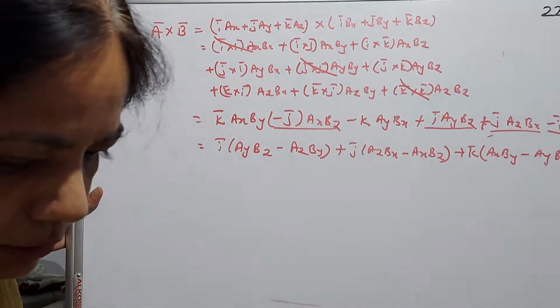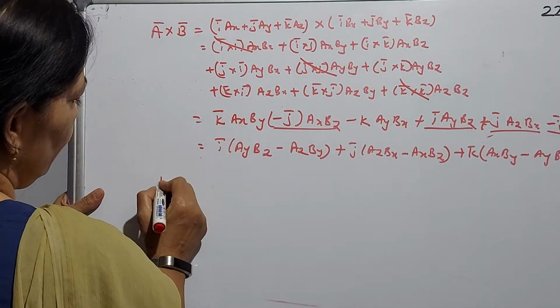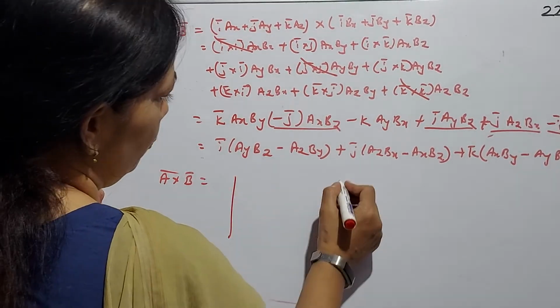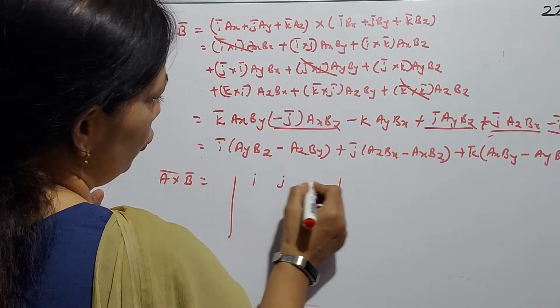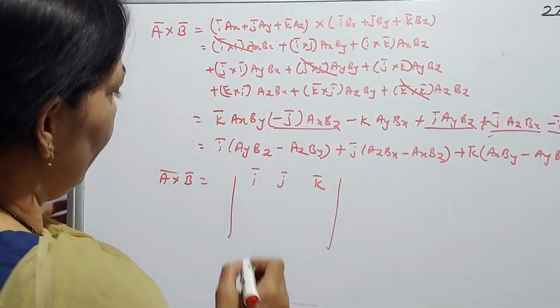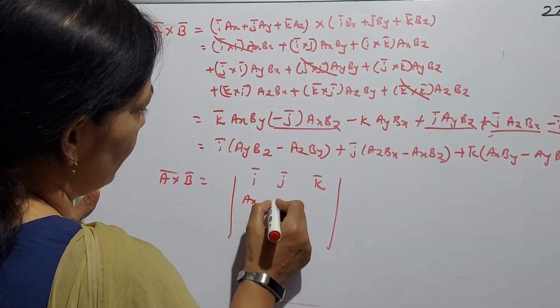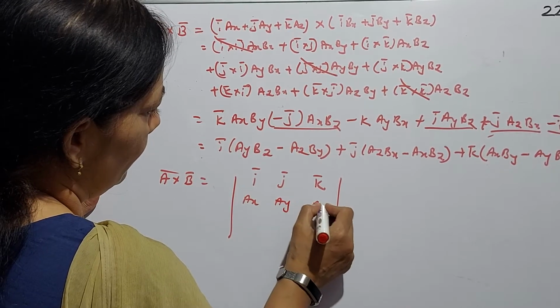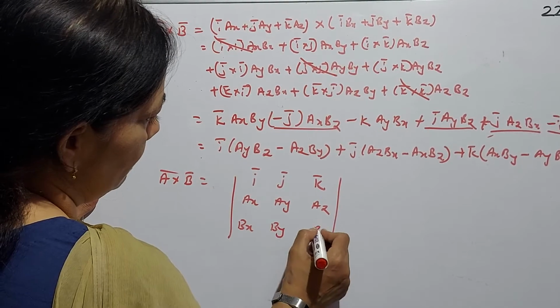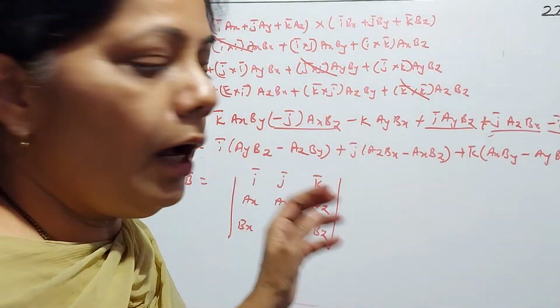This is nothing but A cross B equal to the determinant with the first row I, J, K, the unit vectors. In the second row I have AX, AY, AZ, and here I have BX, BY, BZ. Correct? How do we do it?